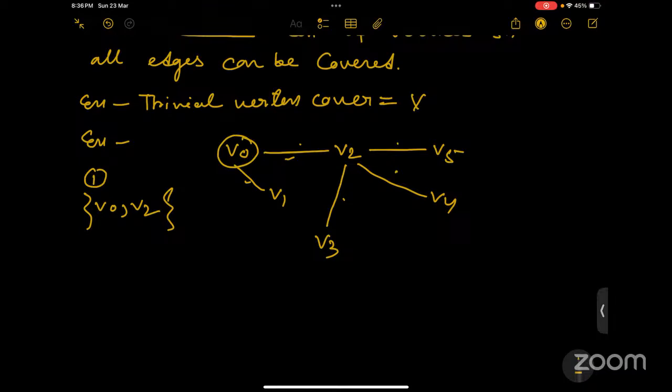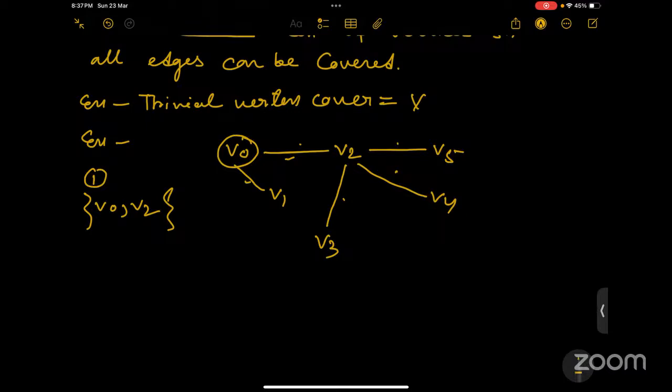Just to clarify here, if you are considering the vertex cover between two vertices, say V0 and V2, that would be only one, right? No, there are so many vertex covers. The trivial vertex cover is a cover for that graph. V0 and V2 is another vertex cover.